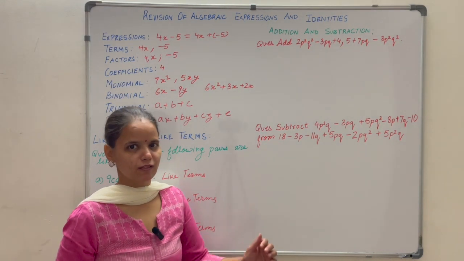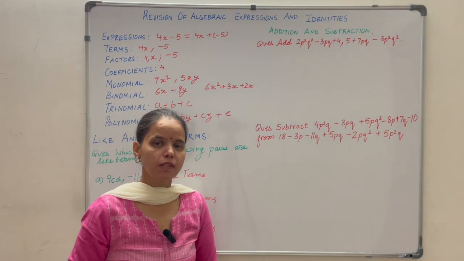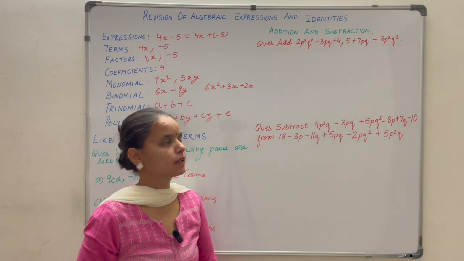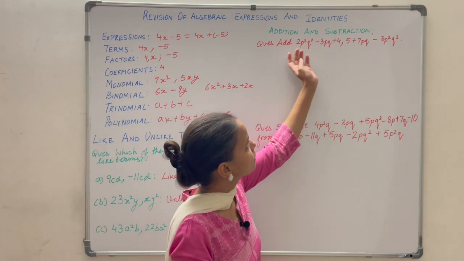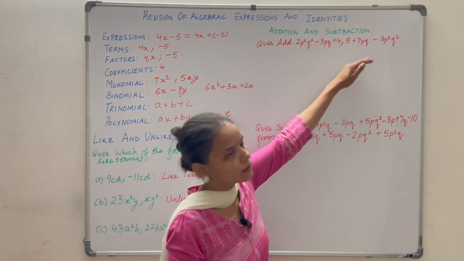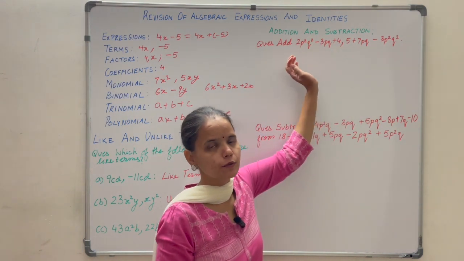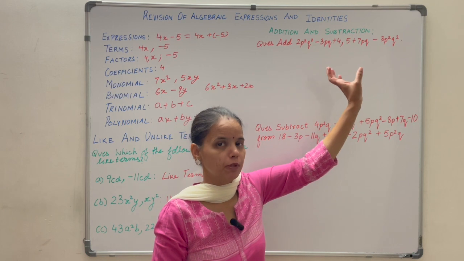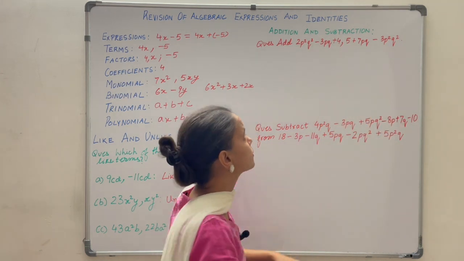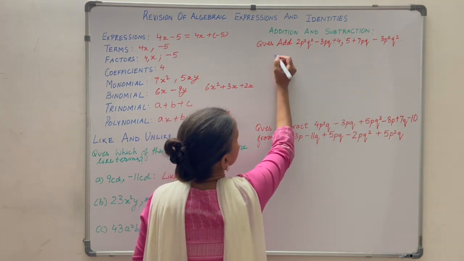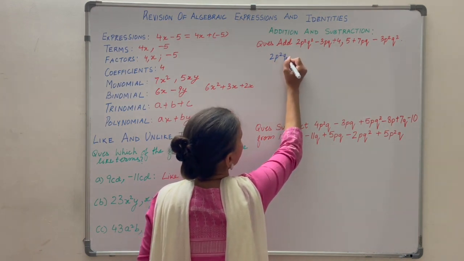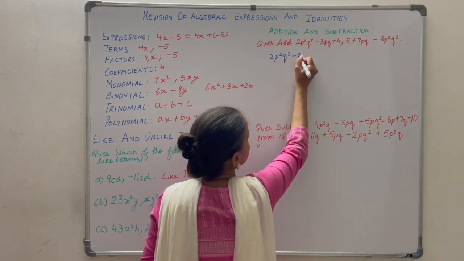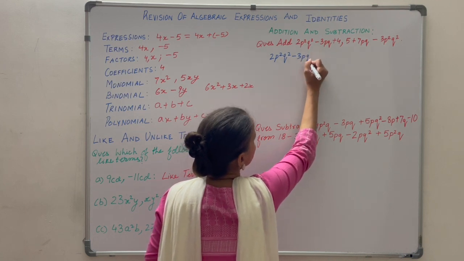Addition and subtraction. You can add like terms and you can subtract like terms. Let us take this question. Add this expression and this expression. We first have to write down the expressions which are to be added. So let us write down here. You need to add 2p square q square minus 3pq plus 4.